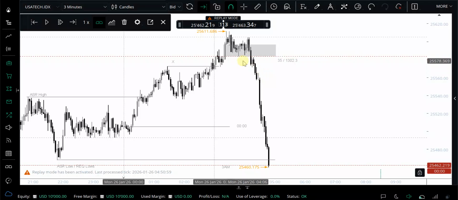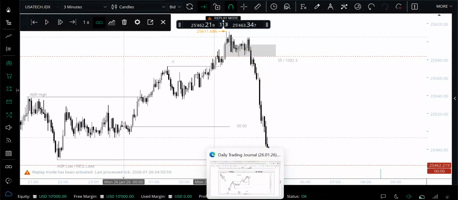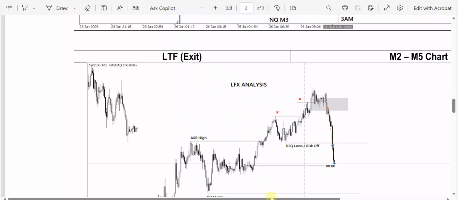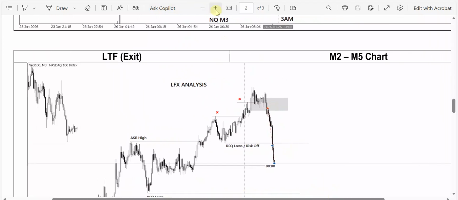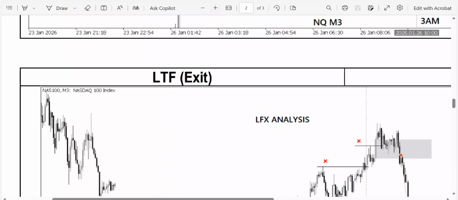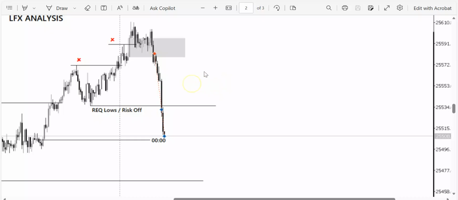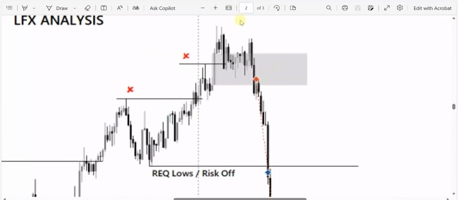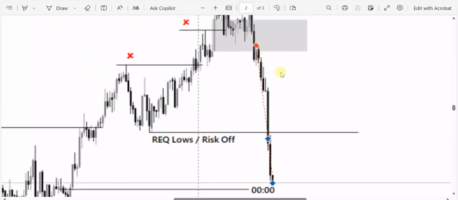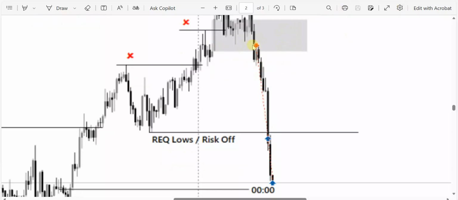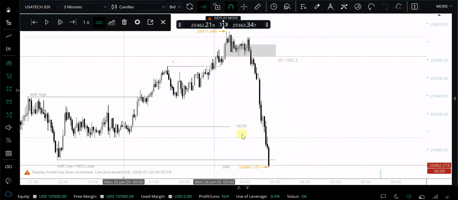Here I didn't really execute, but let me just point out my execution right here. Yeah, so here you can see the actual execution. So basically I executed right here at this inversion. So that is where my sell entry was made.